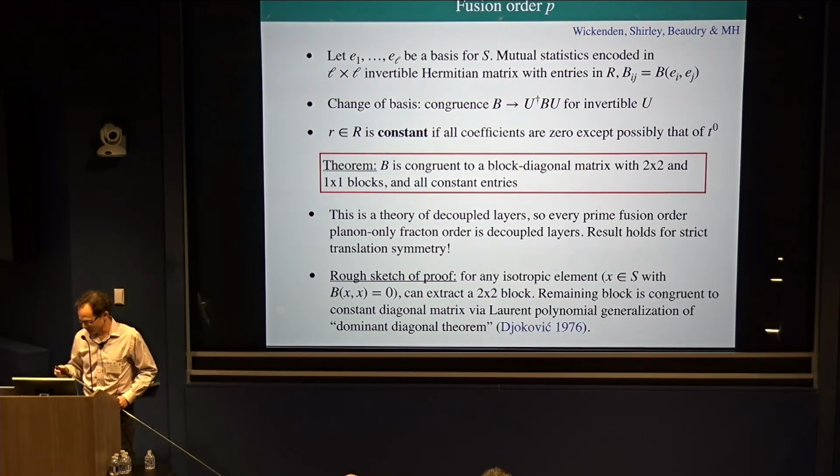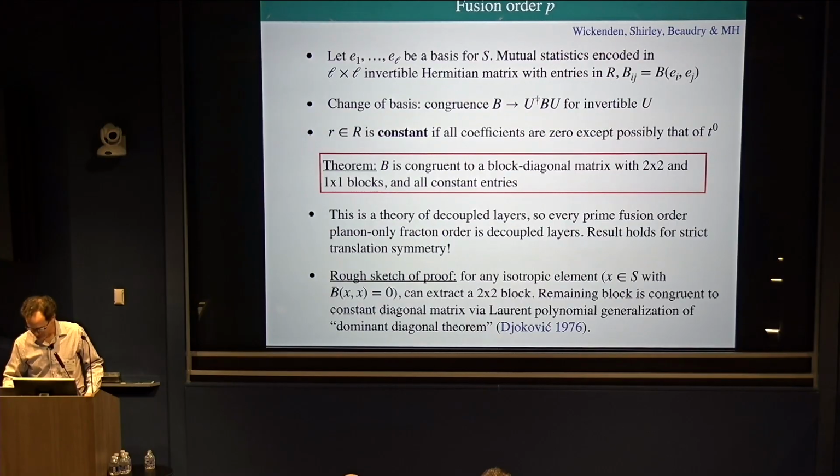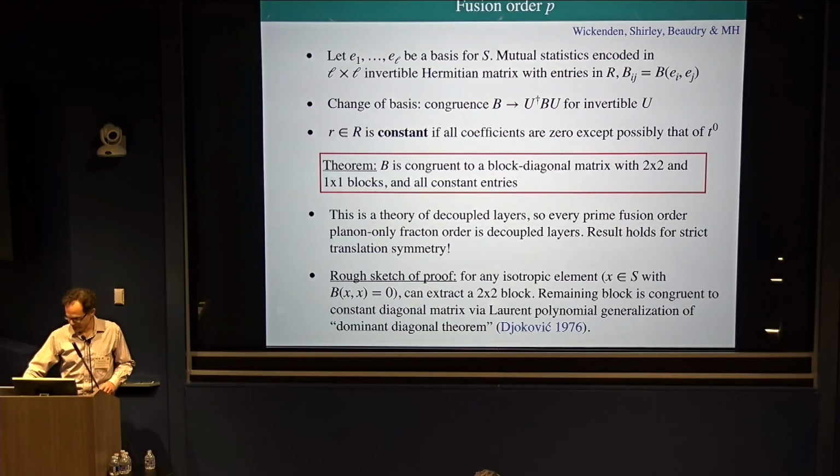It took us a while to prove this, or rather maybe it didn't take Evan a long time to prove this, but it took me a long time to understand his proof, which was correct. But anyway, in the end, the answer is sort of boring, that all of the fusion order P theories are just decoupled layers.